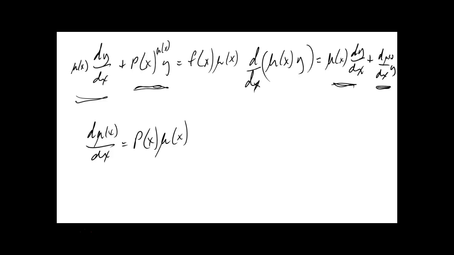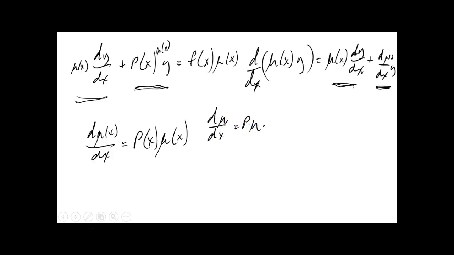Now, what does that mean? If that term were this, exactly, now they leave off the of x's to make it look a little simpler, so let me do that. D mu dx is equal to p mu.